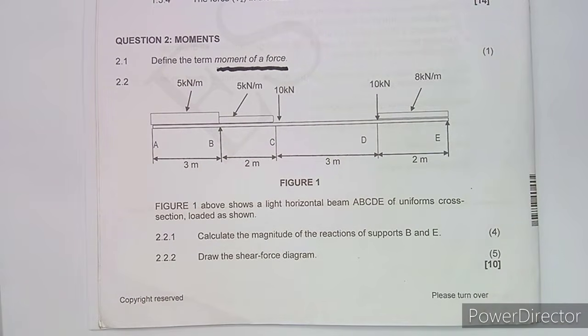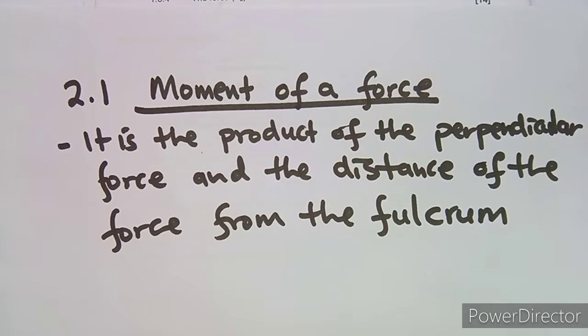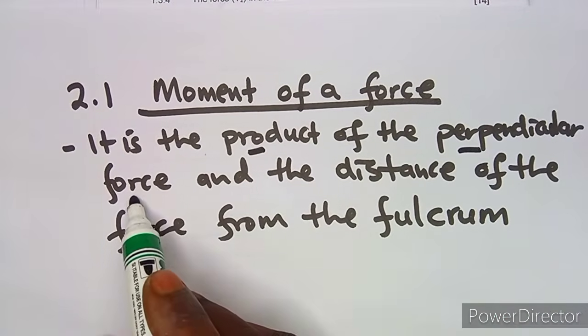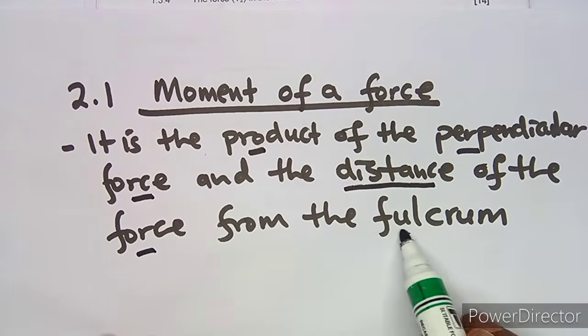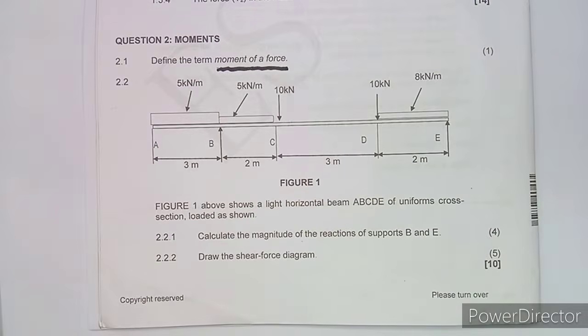Anyways, for those who are new, the moment of a force is the product of the perpendicular force and the distance of the force from the fulcrum. That is what you are supposed to note. These are the key words and points that you're supposed to take. Okay, so that's for the definition.